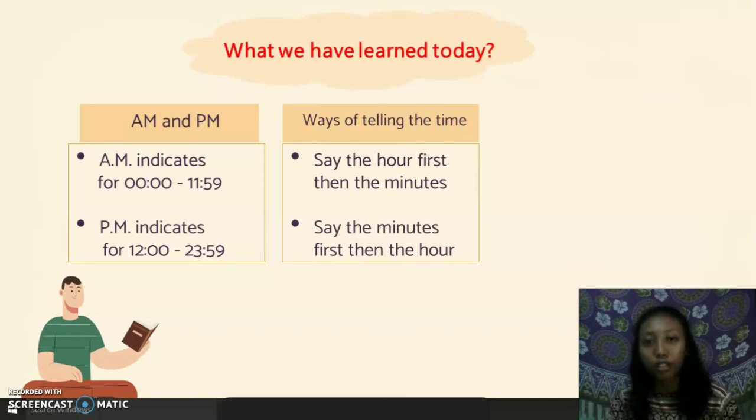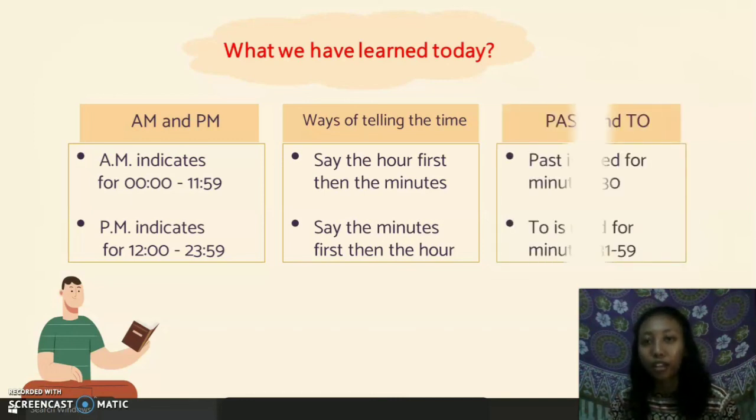For the first way, say the hour first and then the minutes. And the second way, we can say the minutes first and then the hour. And we also learned how to use past and to. Past is used for minutes 1 until 30 and to is used for minutes 31 until 59.